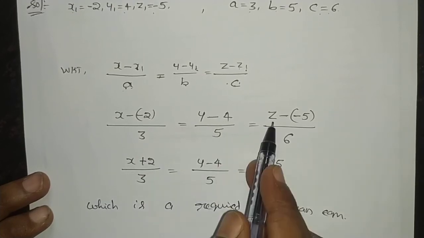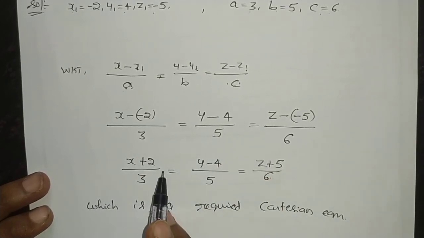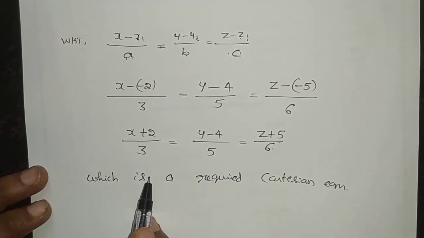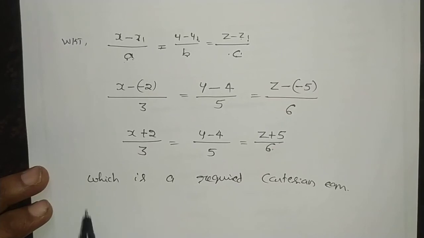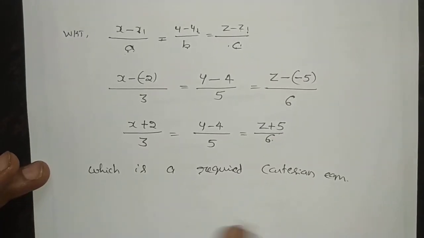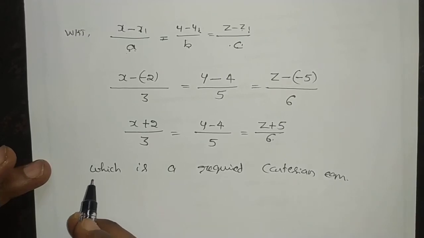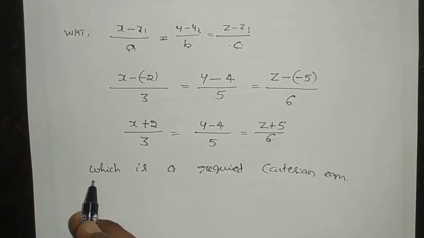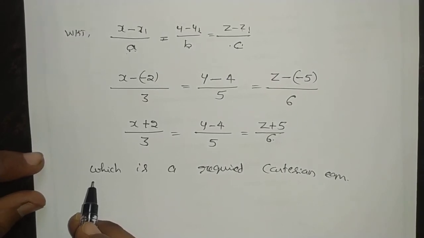We substituted the values of x1, y1, z1, a, b, c, and finally we got the Cartesian equation. Understand? You just practice these questions at your home. You will feel it is very easy to solve the questions.